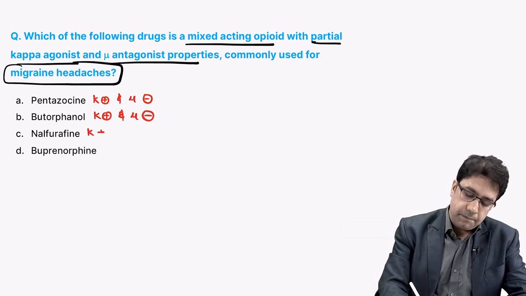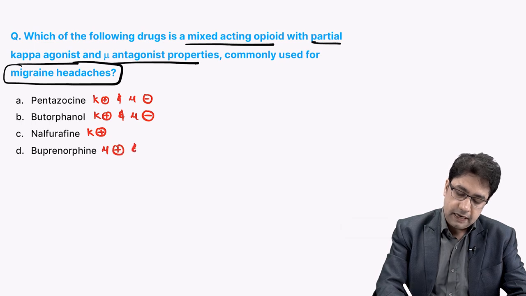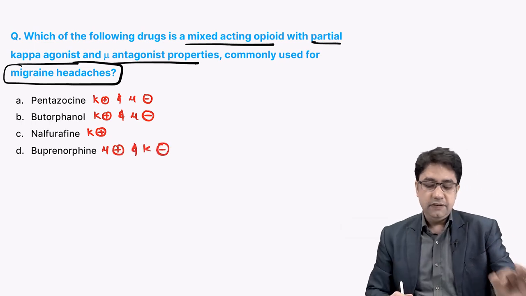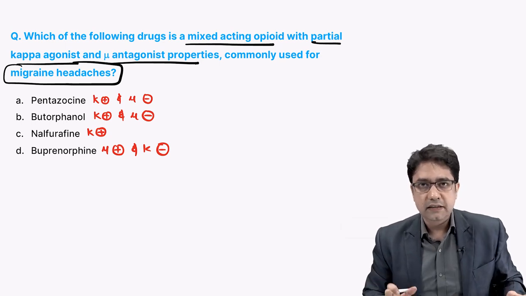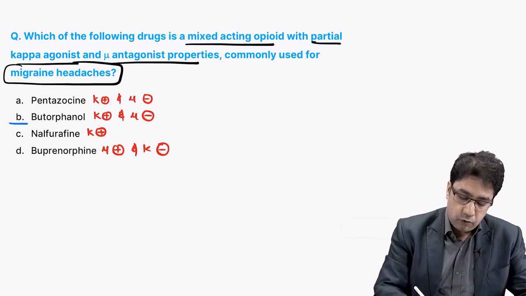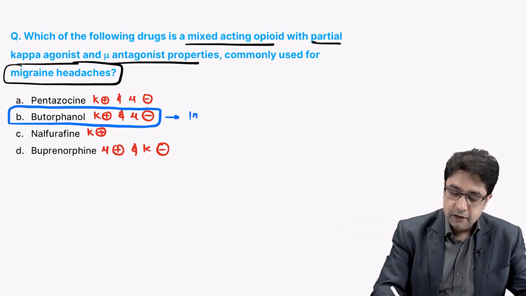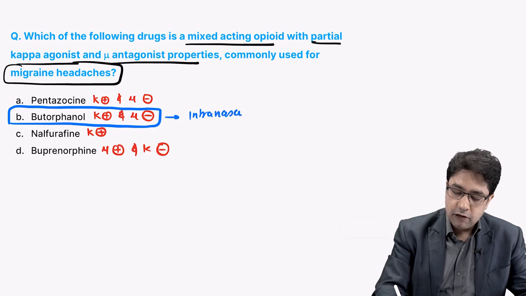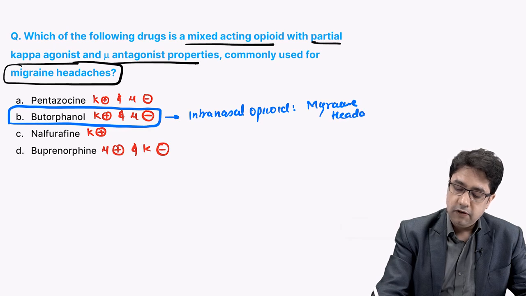Nalfurafine is a pure kappa agonist, while buprenorphine is mu agonist and kappa antagonist. So pentazocine and butorphanol are both partial kappa agonist and mu antagonist, but among them only butorphanol is given in the treatment of migraine headache, and it is the only intranasal opioid we have which is given for migraine headache. So the answer is butorphanol.